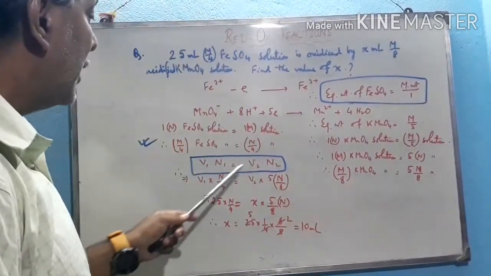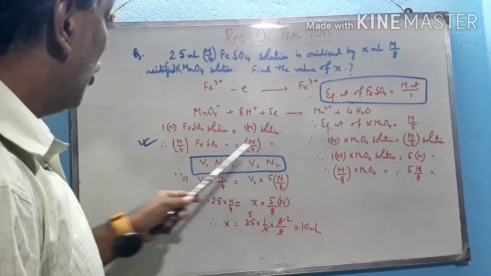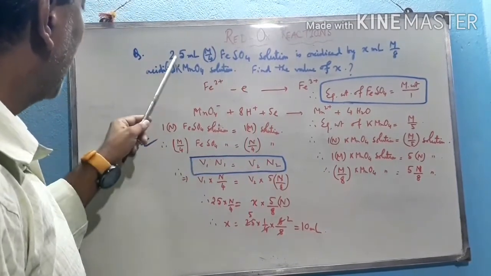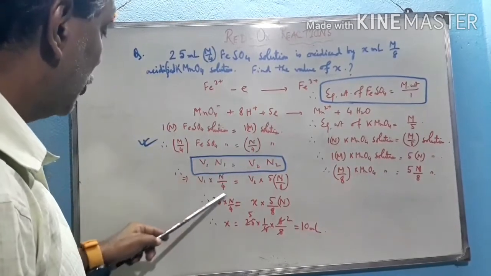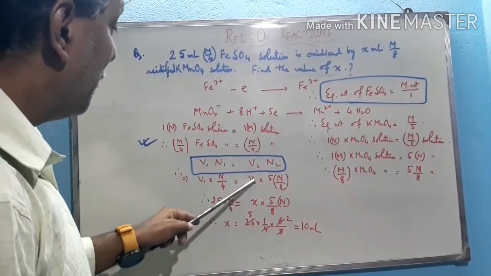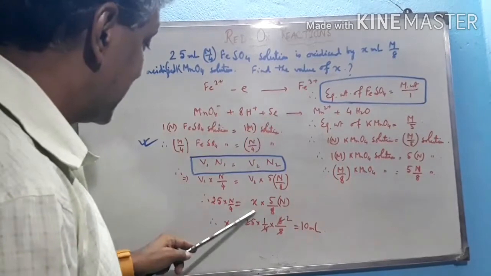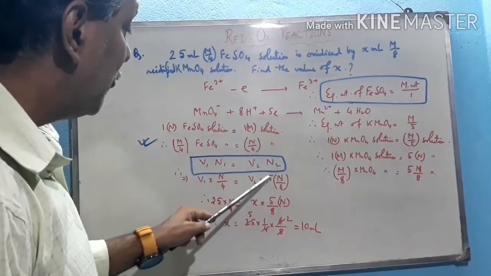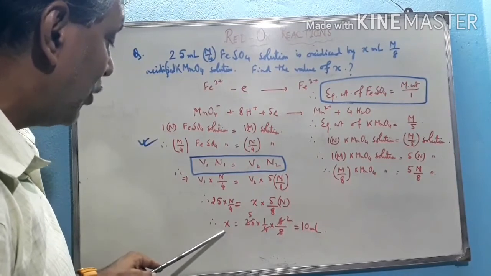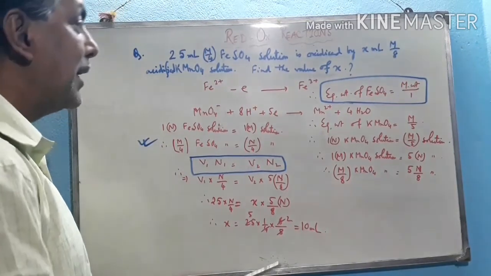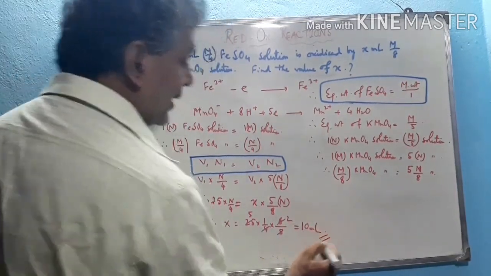Now V1 N1 equals V2 N2. What is V1 here? 25 ml. What is N1? N/4. So 25 times N/4. V2 here is X, and N2 is 5N/8. By solving this, we can find the value of X, which is 10 milliliters.